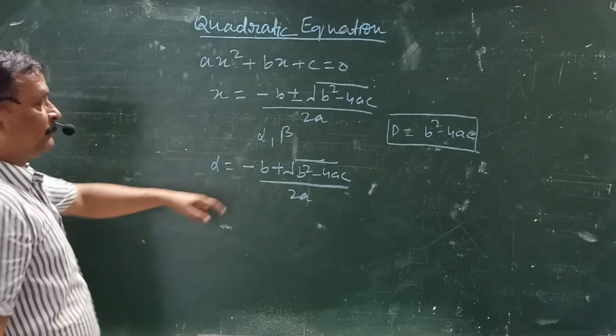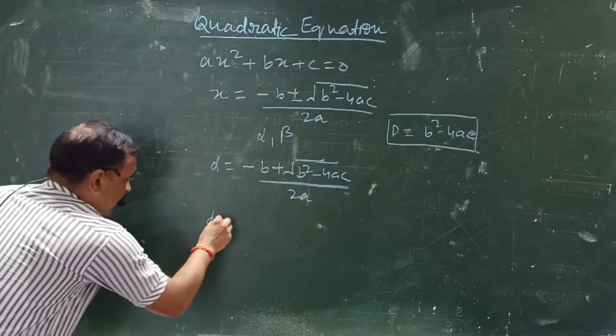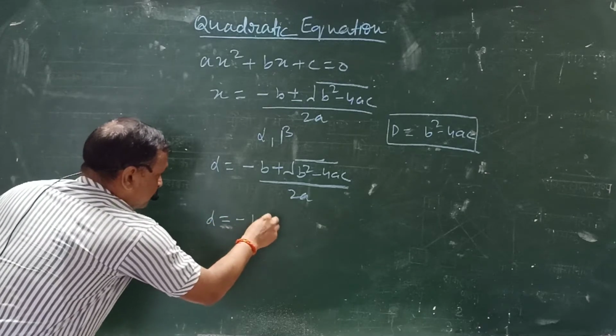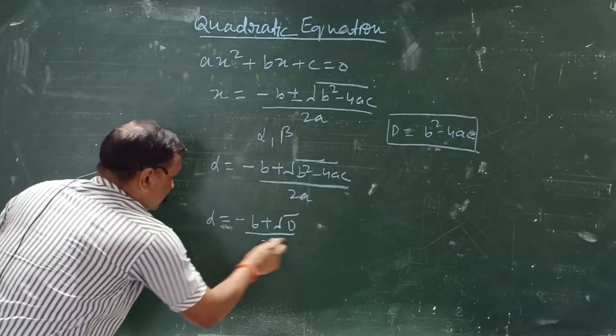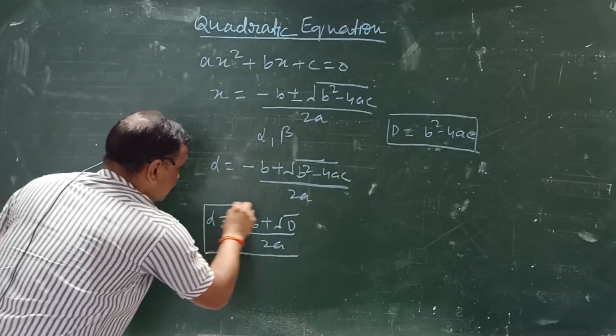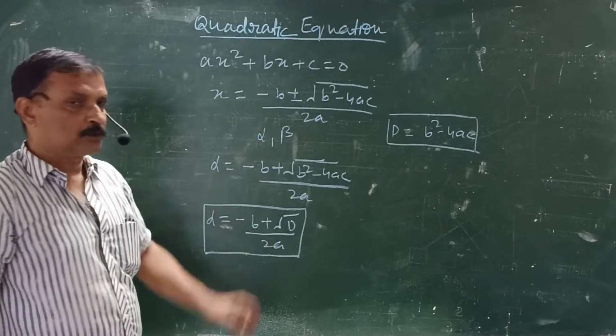If we put D here, then the value of alpha is equal to minus b plus root D upon 2a.